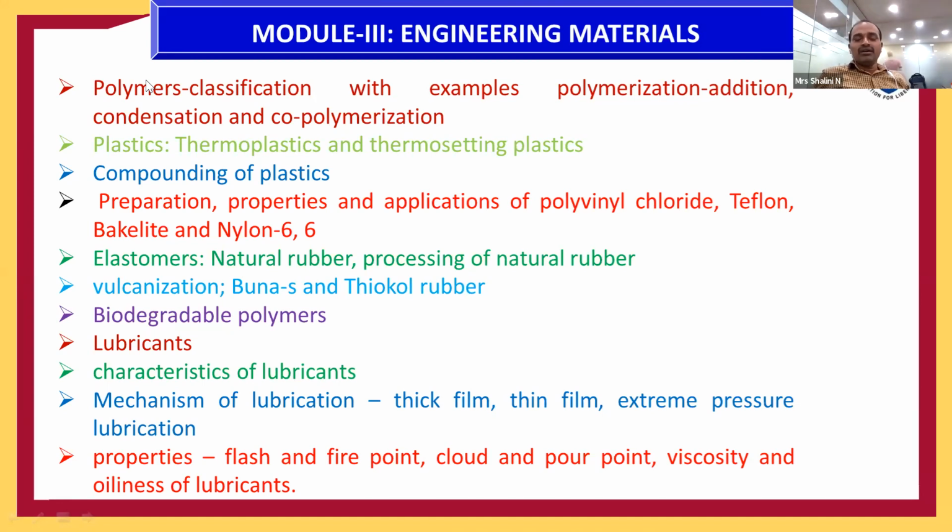So now in the module 3 last topic, that is biodegradable polymers. So previously we discussed about the types of polymerization, that is addition polymerization, condensation polymerization, co-polymerization. And next coming to next topic, that is plastics.